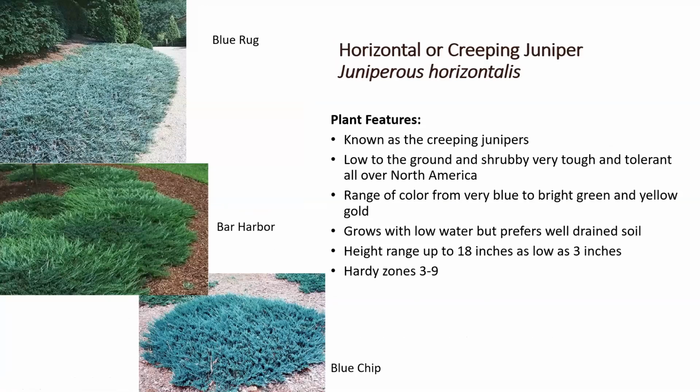Here are some great examples of the horizontal or creeping juniper, and you will see that nice blue, the green silver variety, and a very nice green. They can range in texture as well. So if you have a large swath of landscape like a hill, it's a very nice ground cover.